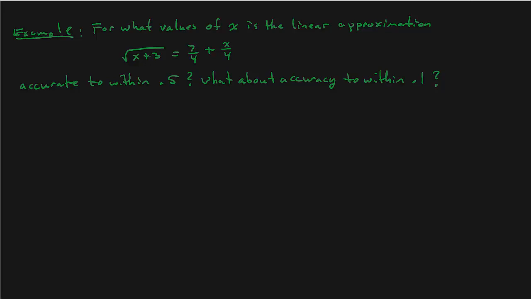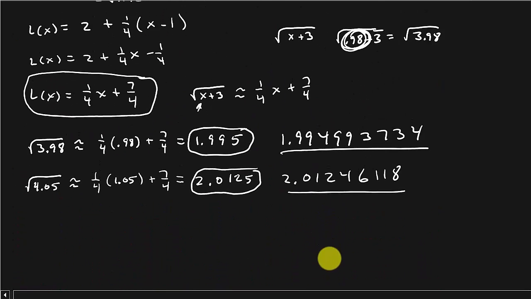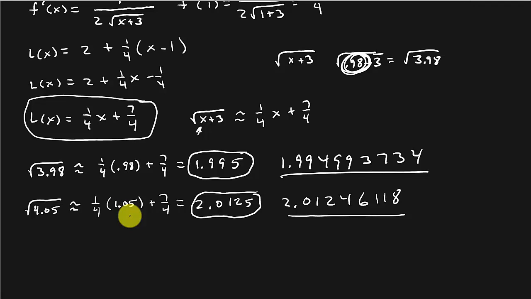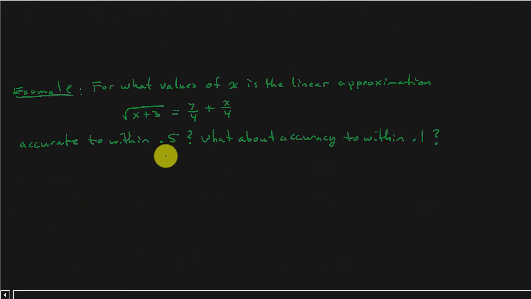All right, so basically what I want to know is how far out can I go? See, here we went out, see here x was 0.98 and x was 1.05, but how far out can I go to where my accuracy will be within 0.5?